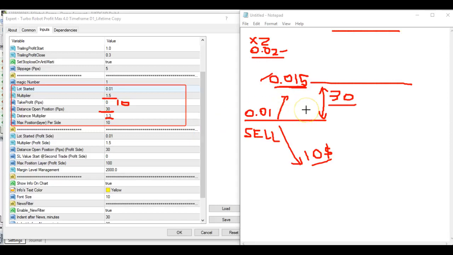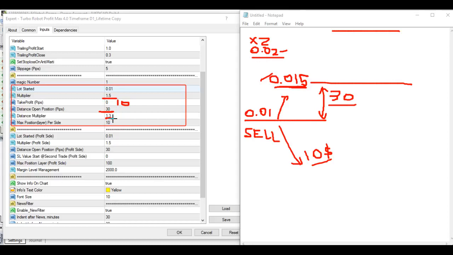So it's farther, it's more safety, you know. That is why I have this, because it's more safety. So 30 multiplied by 1.3.